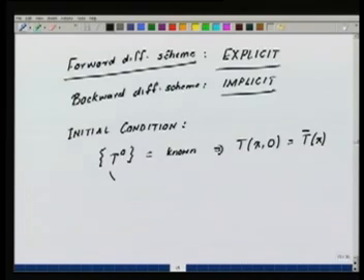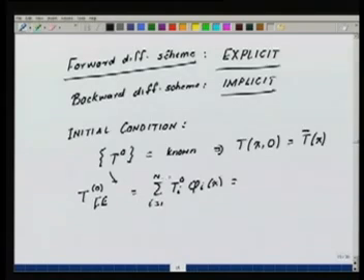If you remember, my TFE at time station 0 is equal to sigma Ti0 into phi i of x, with i equal to 1 to n. What we will do is say that at the nodes, TFE 0 is equal to T bar at the nodes xi.